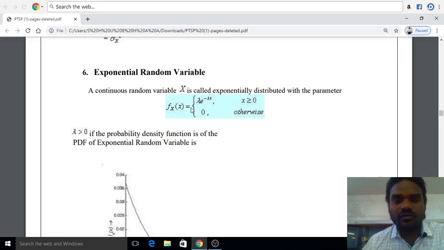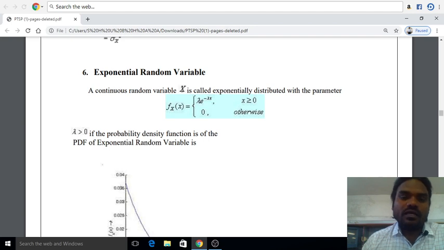is equal to lambda times e to the power of minus lambda x, for x greater than or equal to 0. If x is negative, we can't get any value; it will be 0 only. For x less than 0, the distribution function value will be 0, so the exponential function is defined for the positive values of this random variable only.